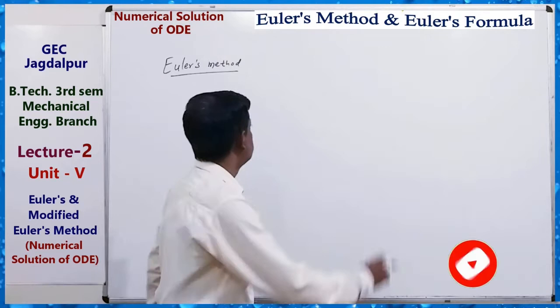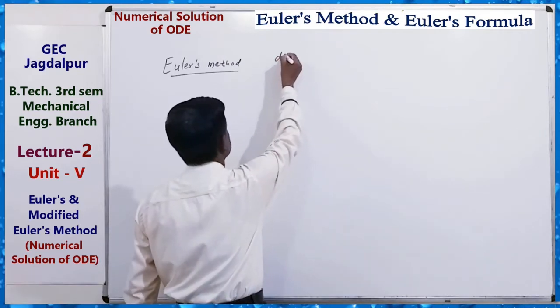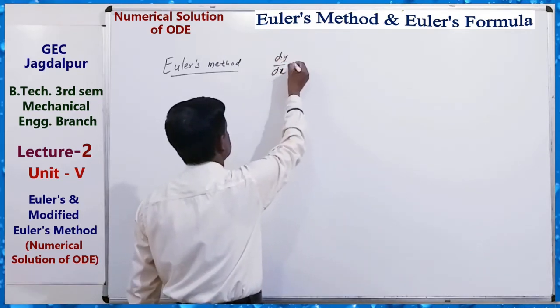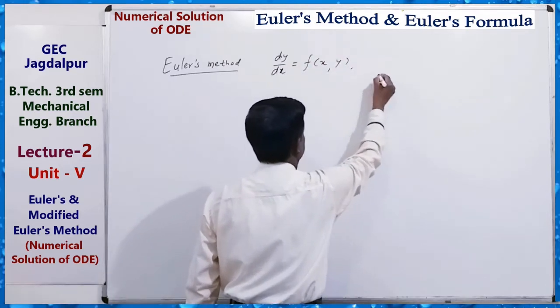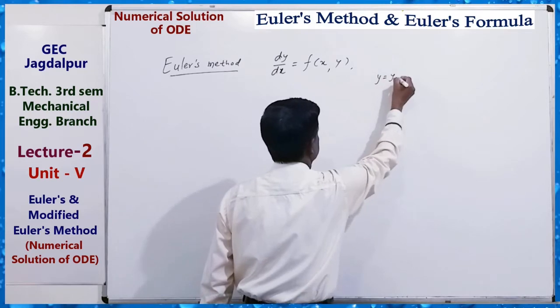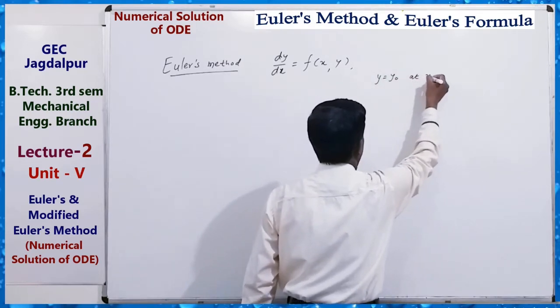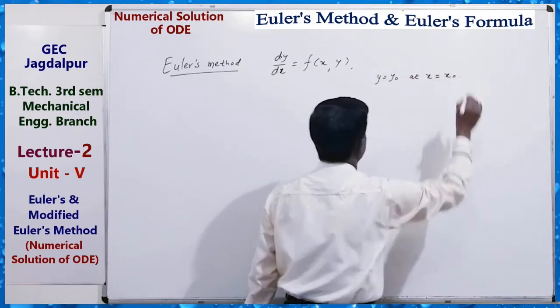Suppose this is our equation: dy/dx = f(x,y), with the condition y = y0 at x = x0. This is our problem.